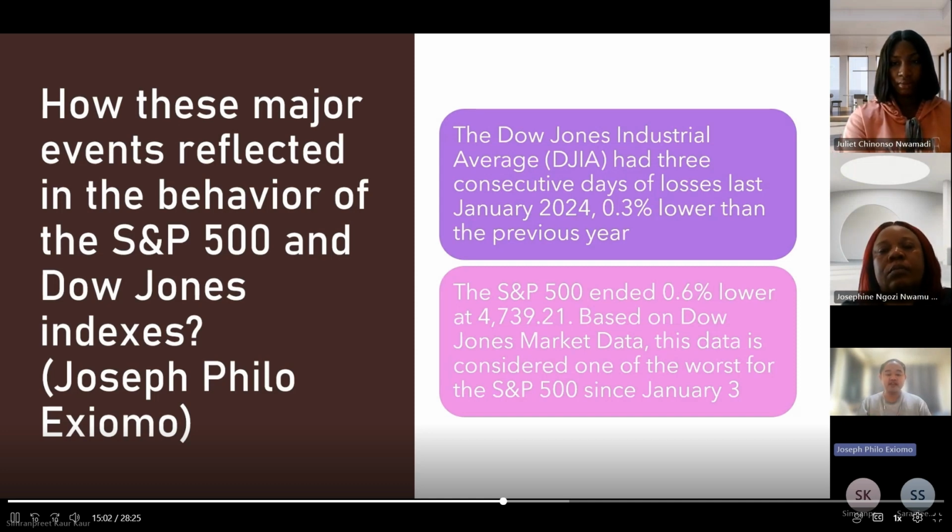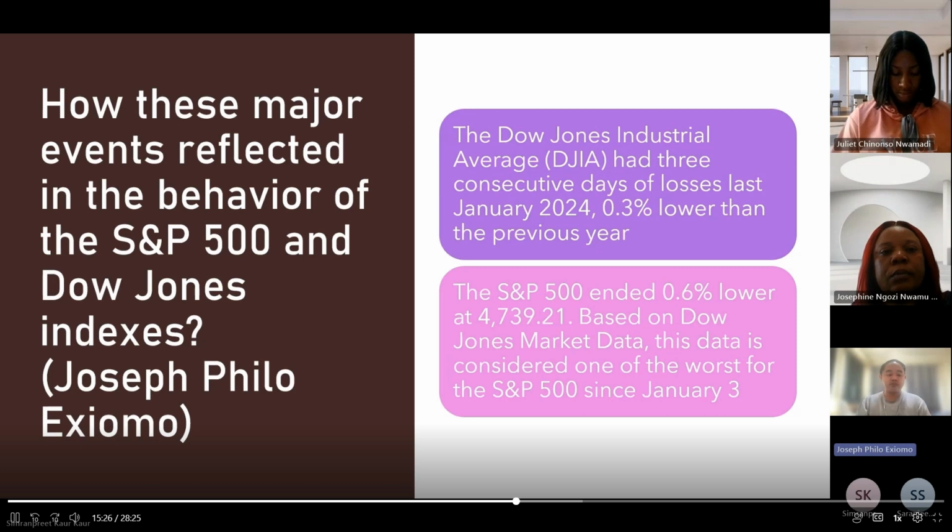But as for S&P 500, they ended 0.6% lower last January. So it's quite lower compared to Dow Jones. Later we will focus on what impact this figure has on the two indexes, whether it has a huge impact or not.